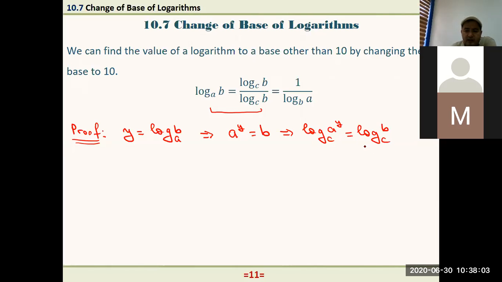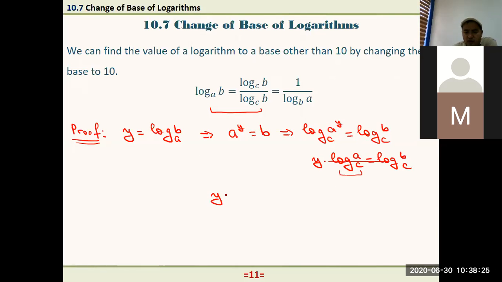Okay, now using that property, we know that the exponent comes to the front, right? So I can just write it as y times logarithm of a to the base c is equal to logarithm of b to the base c. So now if I divide both sides by this expression, what do we get here?